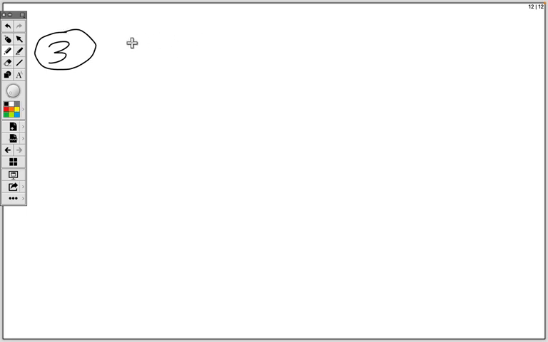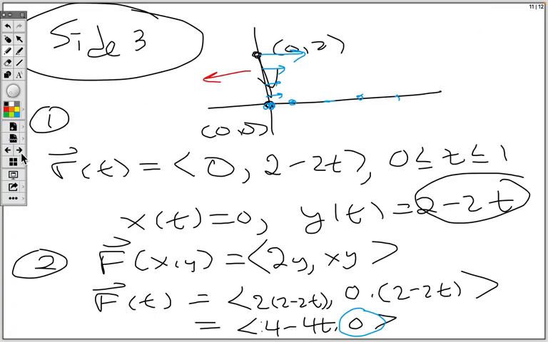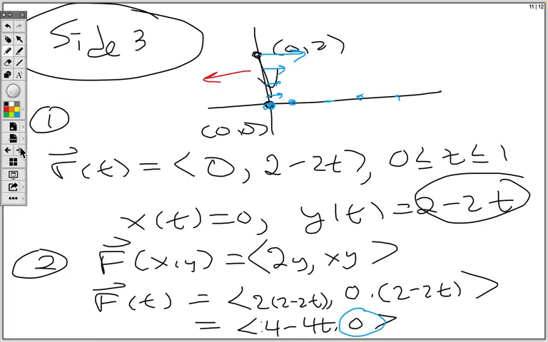So now I need to calculate the integrand F of t dot y prime of t, comma, minus x prime of t. So here's my 4 minus 4t, 0, dotted with y prime of t. The y prime of t would be negative 2.